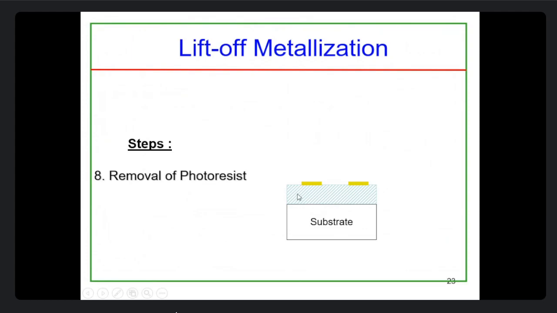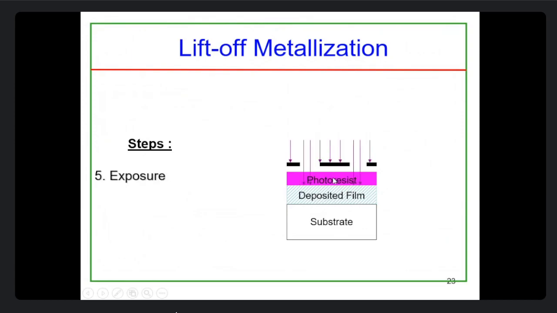Whenever you are drawing something, you have to label it properly. Here, the substrate, the deposited film, it is labeled well. See, this is photoresist, this is written. Suppose it is one block, it is another block, it is another block.